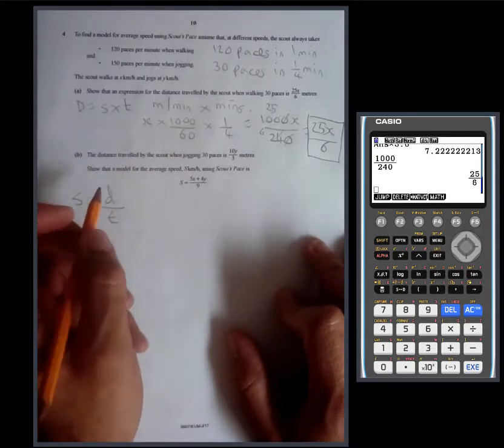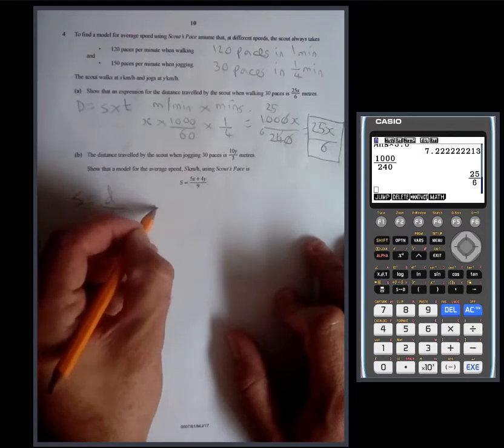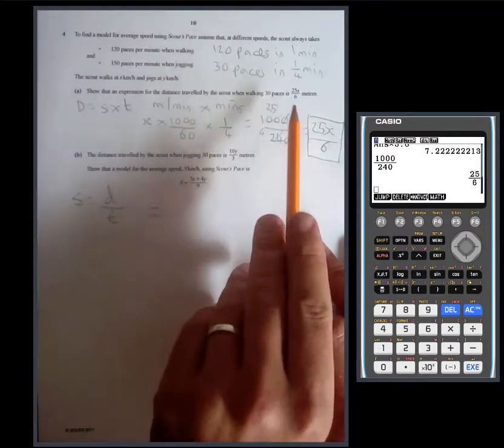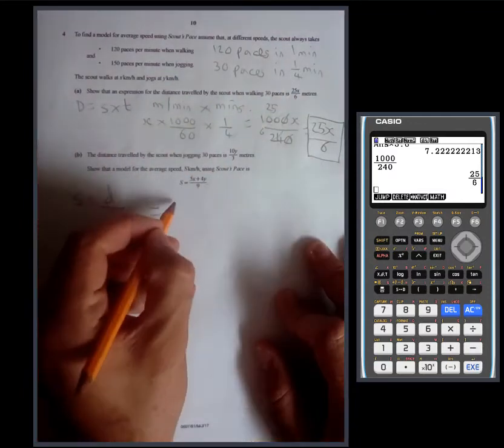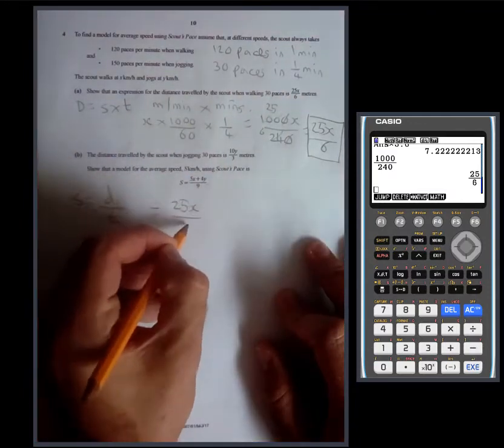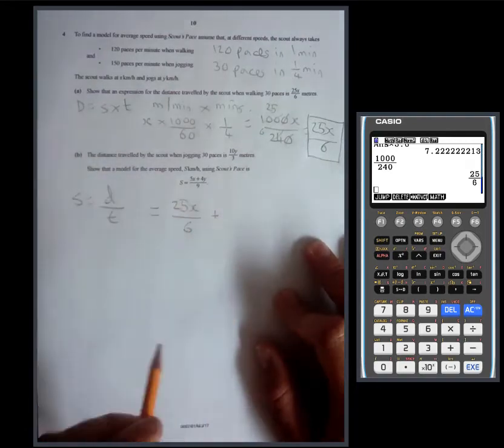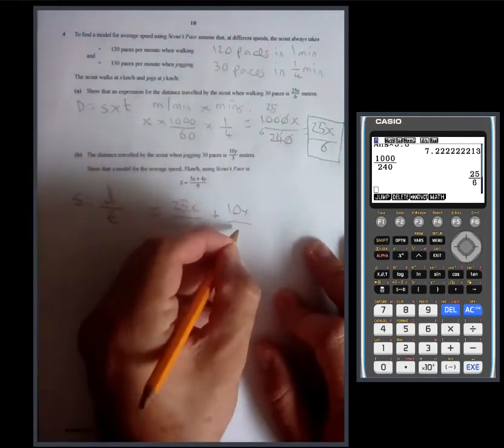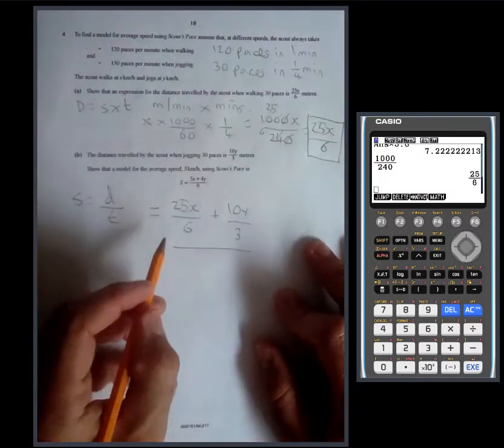So in meters per second, the distance is going to be the distance that we walk, which we've said in 30 paces is 25x over 6, plus the distance that we jog in 30 paces, 10y over 3, over the amount of time this takes.